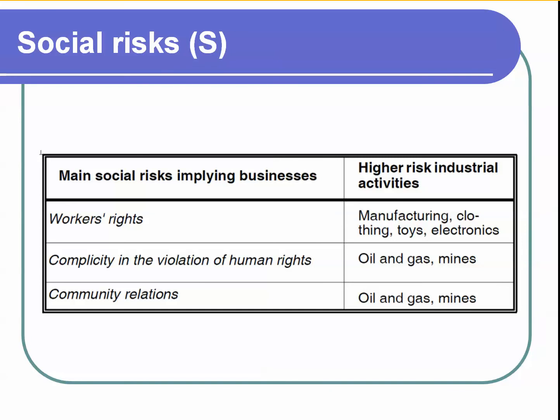Complicity in the violation of human rights: mainly oil and gas and mines are the types of industries concerned by these risks. Same thing for community relations, because if you take a company like the tire company Michelin, it's operating out of Clermont-Ferrand, which is quite a large city in France, but maybe 30% of everyone in Clermont-Ferrand has some link with Michelin.